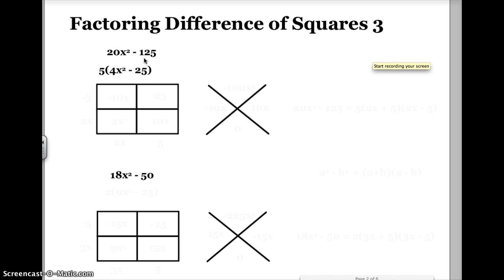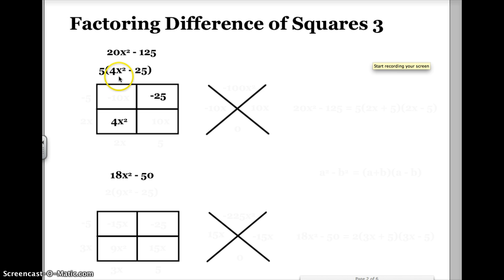So let's look at what's inside the parentheses. 4x squared is a perfect square, and so is 25, and let's put them into my generic rectangle. So I put my larger cubes, my x squared cubes in the bottom left, and my unit cubes in the upper right. And I have the 4x squared there, negative 25 up here. Now these two boxes have to add up to 0 because I don't have a middle term.